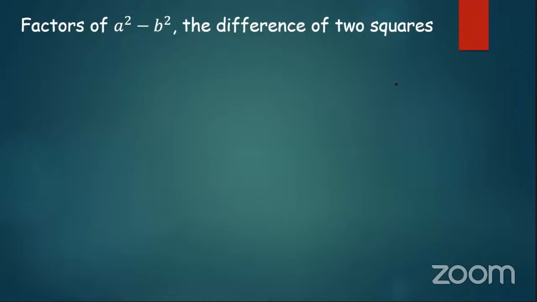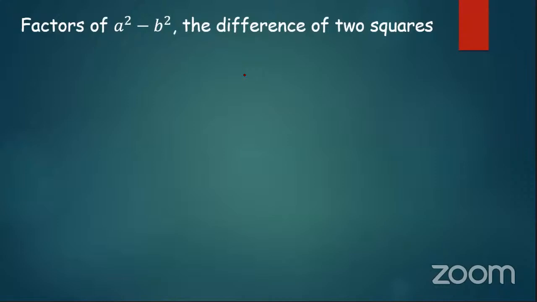Then we go to the factors of a squared minus b squared, what we call the difference of 2 squares. So in the assignment I gave you last week, it had a number where you had to expand a plus b into a minus b.